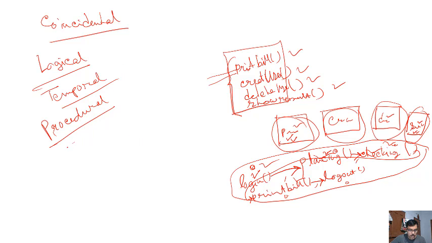The next one is communicational cohesion. A module is said to have communicational cohesion if all the functions of the module refer to or update the same data structure.